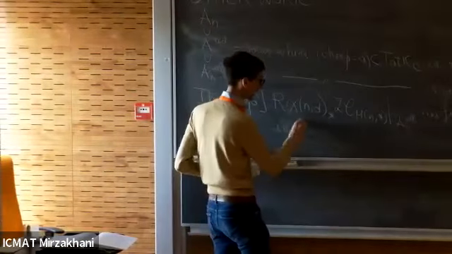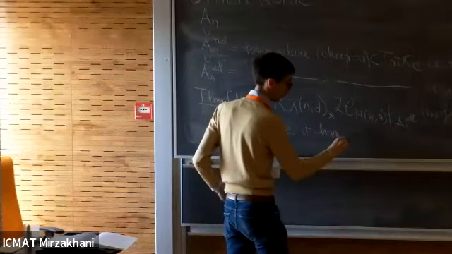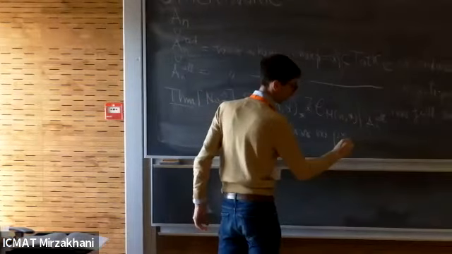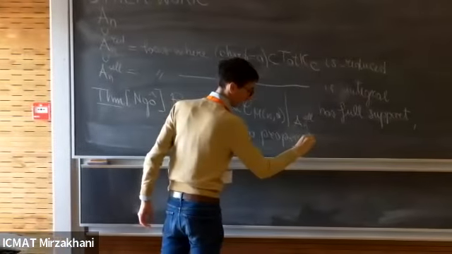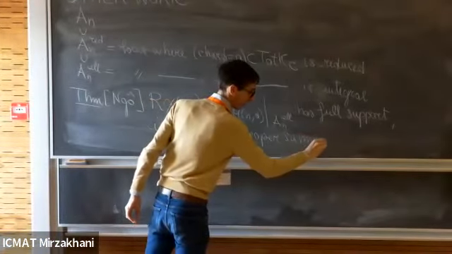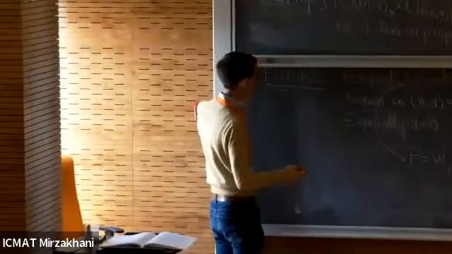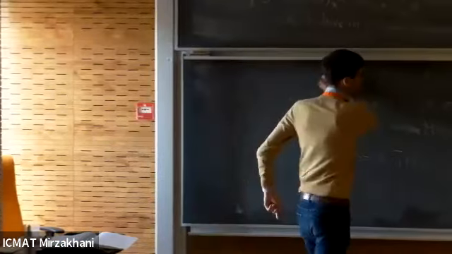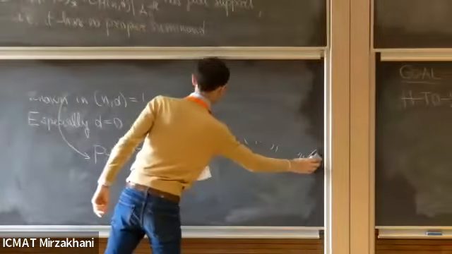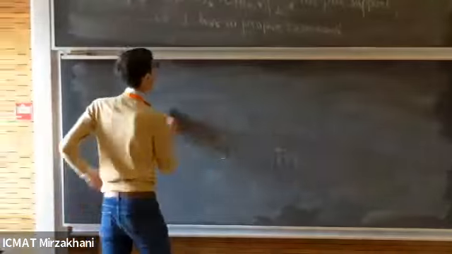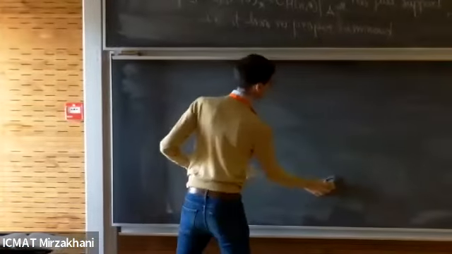So it has no proper summand. This has important geometric consequences. What does this mean in practice?